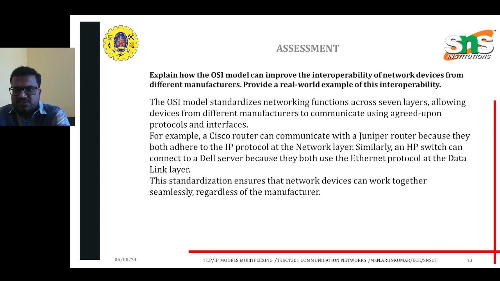For example, a Cisco router can communicate with other routers because they both use the IP protocol at the network layer, and a switch can communicate with a Dell server because they both use the Ethernet protocol at the same data link layer. This standardization ensures that network devices can work together seamlessly regardless of the manufacturer. So if you are using both the internet protocol and data link layers, we can transmit the same information to the next devices without any interruption.